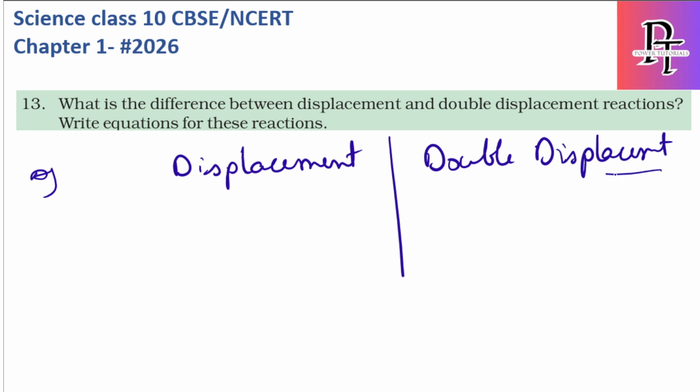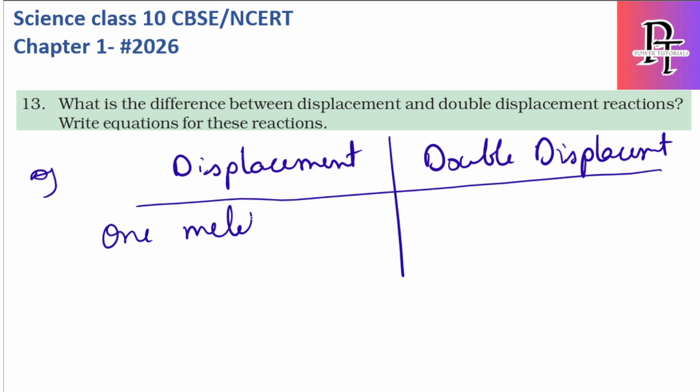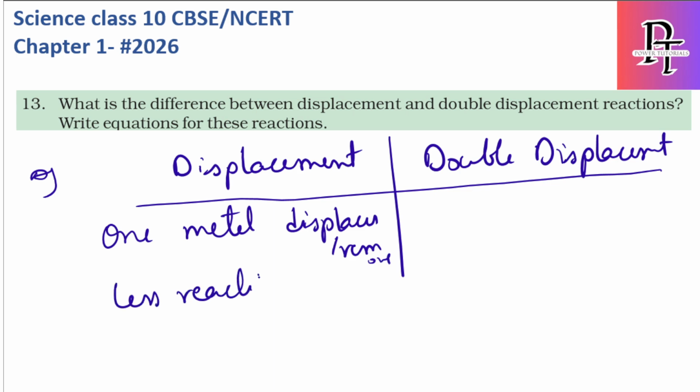So what is displacement? When one metal displaces or removes a less reactive metal or element from its solution.